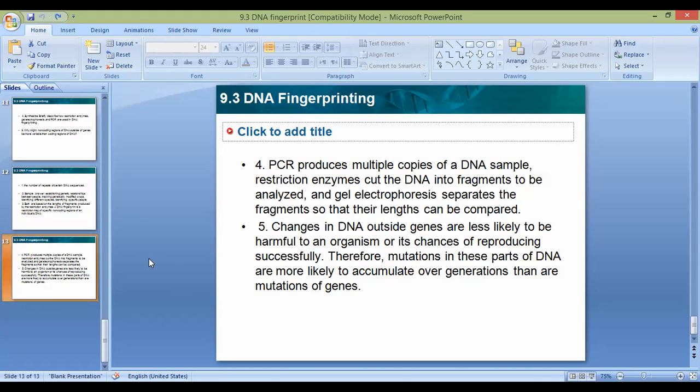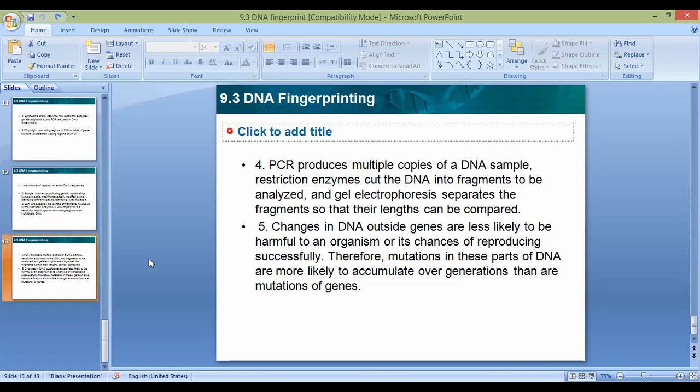It is non-coding anyway. So mutations in these parts of DNA accumulate without showing in the traits, and they persist over generations, so across generations I will have more mutations than in the genes. That's why changes in DNA outside genes are less likely to be harmful. Usually they don't harm us. A mutation outside the gene, in the junk or non-coding part, is not harmful. It doesn't affect reproducing or our trait. Therefore mutations in these parts accumulate over generations more than mutations of the gene.